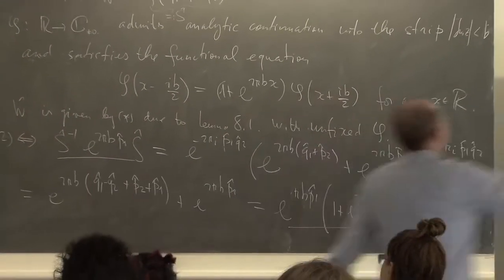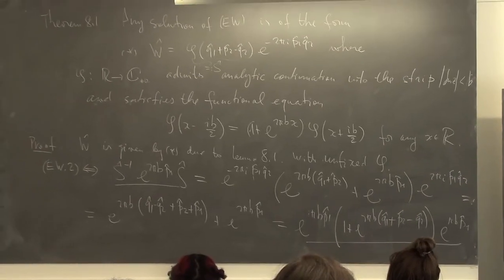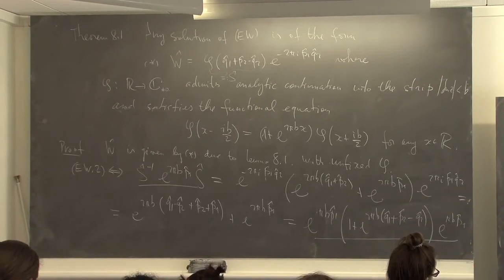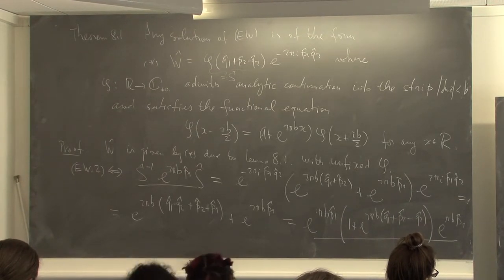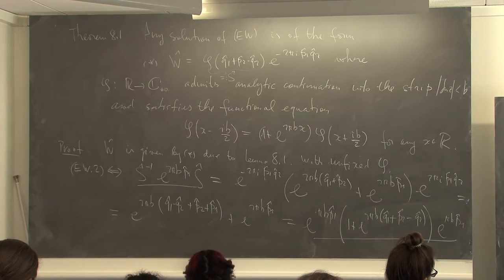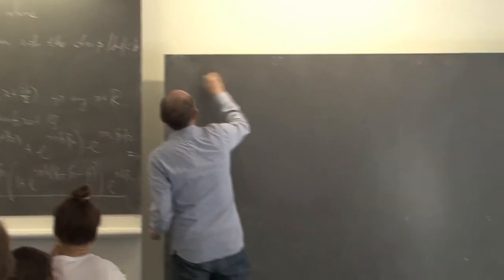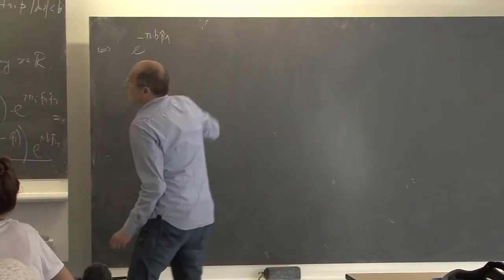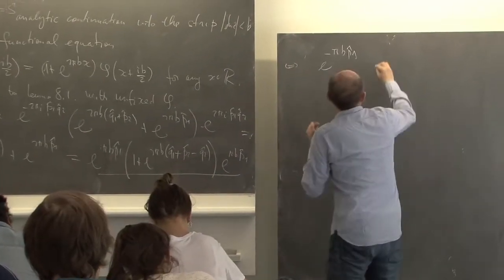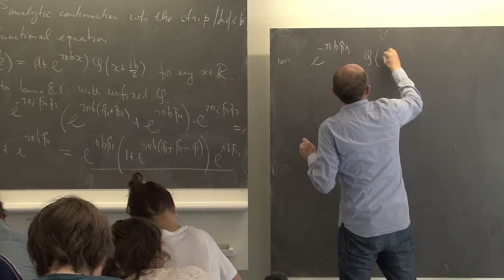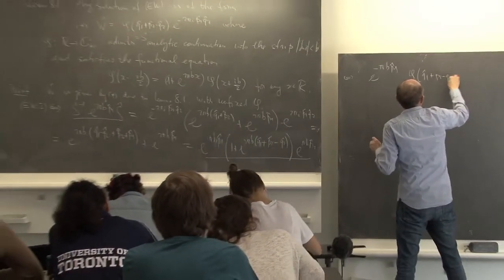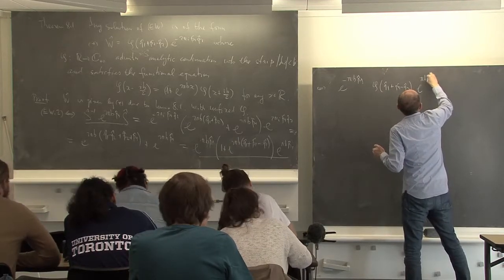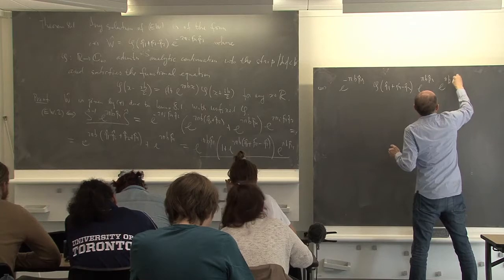And it remains just to put the exponentials of P1 to one side and write out explicitly the S formula. So e^{minus pi b P1}. Now S inverse, which is the inverse of phi, which is Q1 plus P2 minus Q2, e^{pi b P1}, e^{pi b P1}.